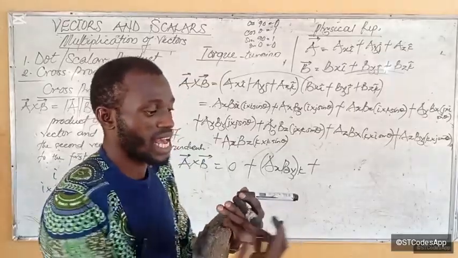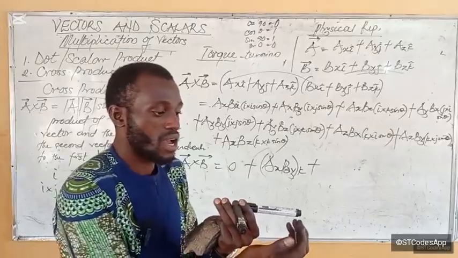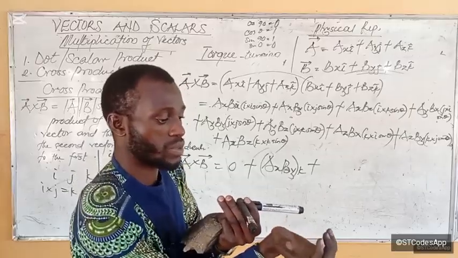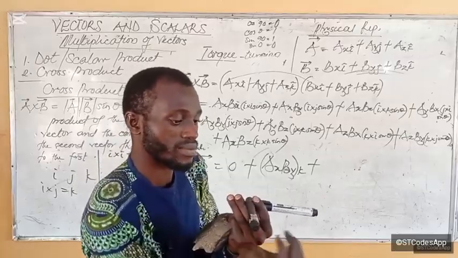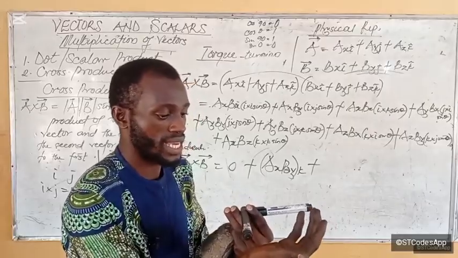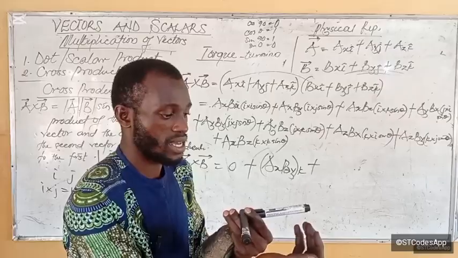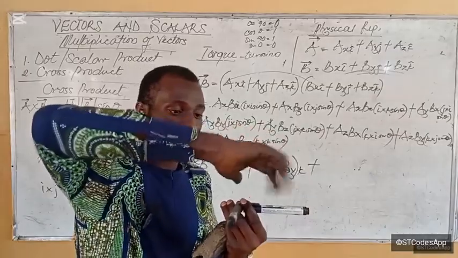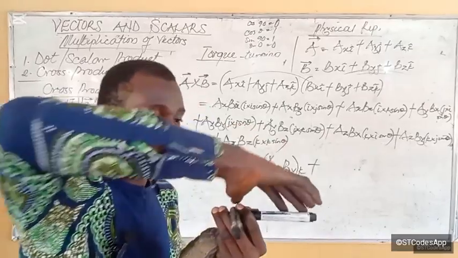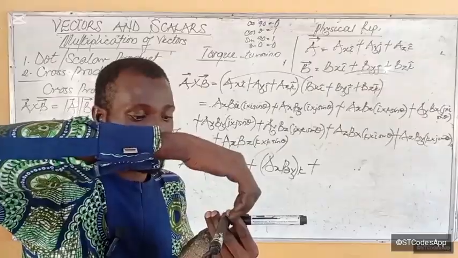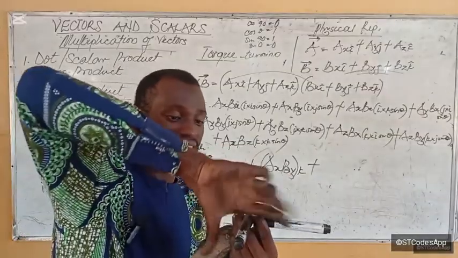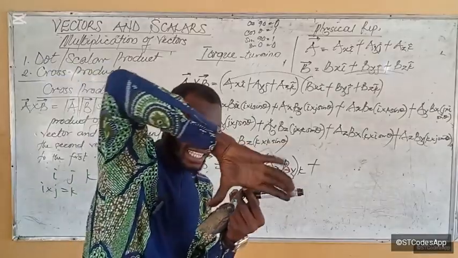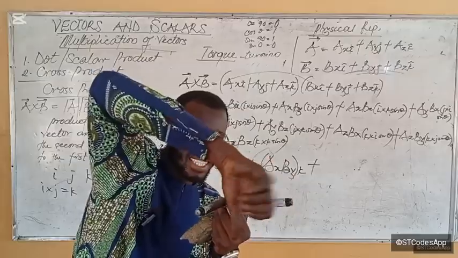If you want to cross I and K, how do you cross this? Yes, like this. You are rolling in that direction. As you are crossing it, it's like this. Do you understand?